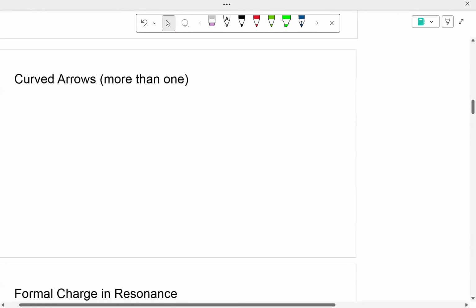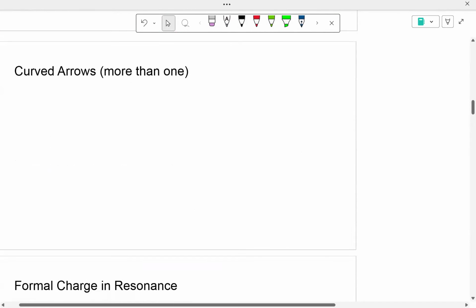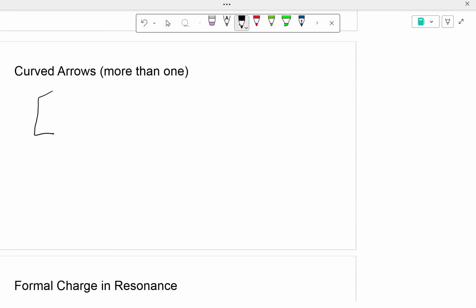Now, it is possible in moving from one resonance structure to the next that you have to move more than one, or show more than one curved arrow. So let's look at an example here.